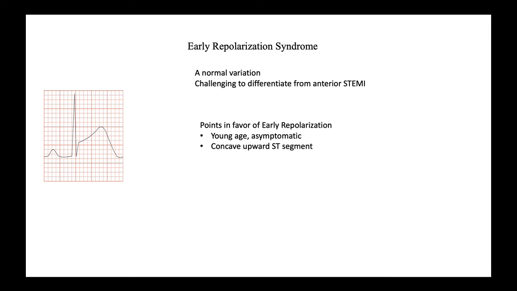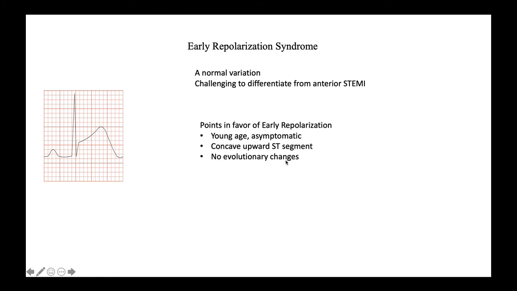But as I told you earlier, if you have a patient who is high risk for coronary artery disease and comes with chest pain and clinical features suggestive of an acute coronary syndrome, and you see an ECG picture like this, please do take it seriously, and you need to rule out an acute coronary syndrome. These points are just to help us.